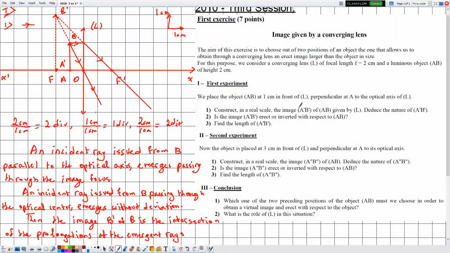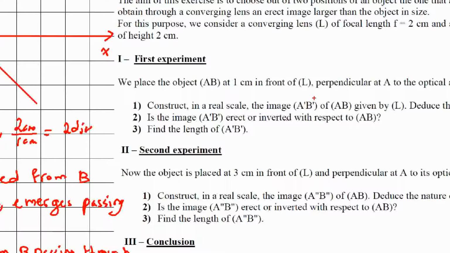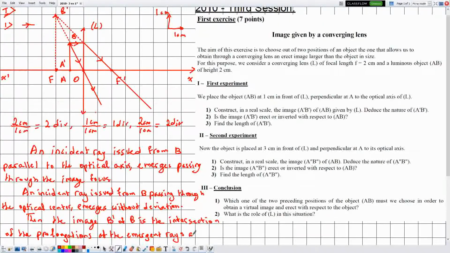Notice that the image here, A prime B prime, consists of 2 points, B prime and A prime. So we have justified B prime, now we need to justify A prime. Now as we said, A prime is the foot perpendicular of B prime on the optical axis.